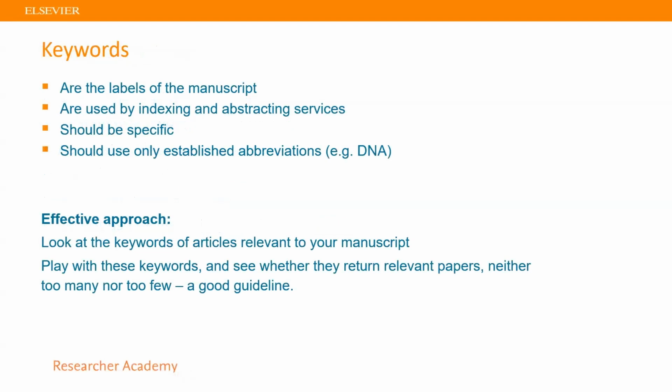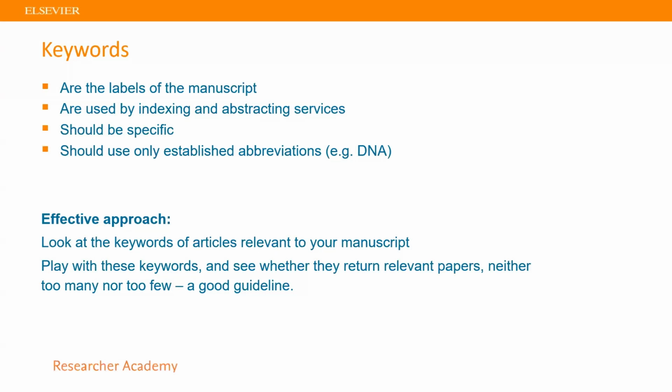Then there are the keywords. Obviously, they're the labels or the tags for your manuscript, and they are used for indexing and abstracting services. Please do avoid words that are very broad in meaning. Be very specific because this is the way that your research is going to really shine in your community and be understood by your peers.